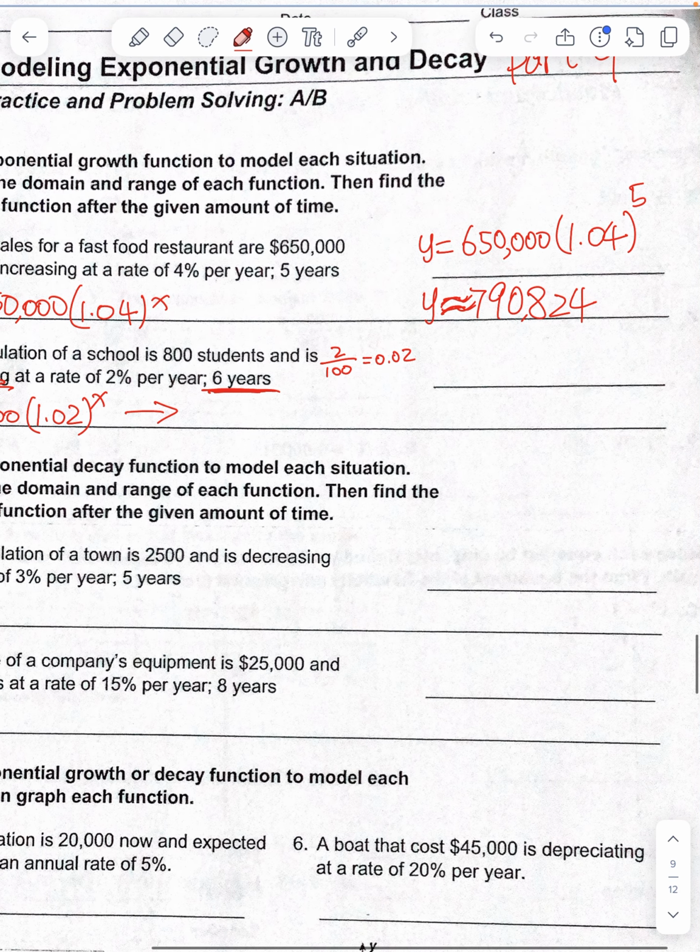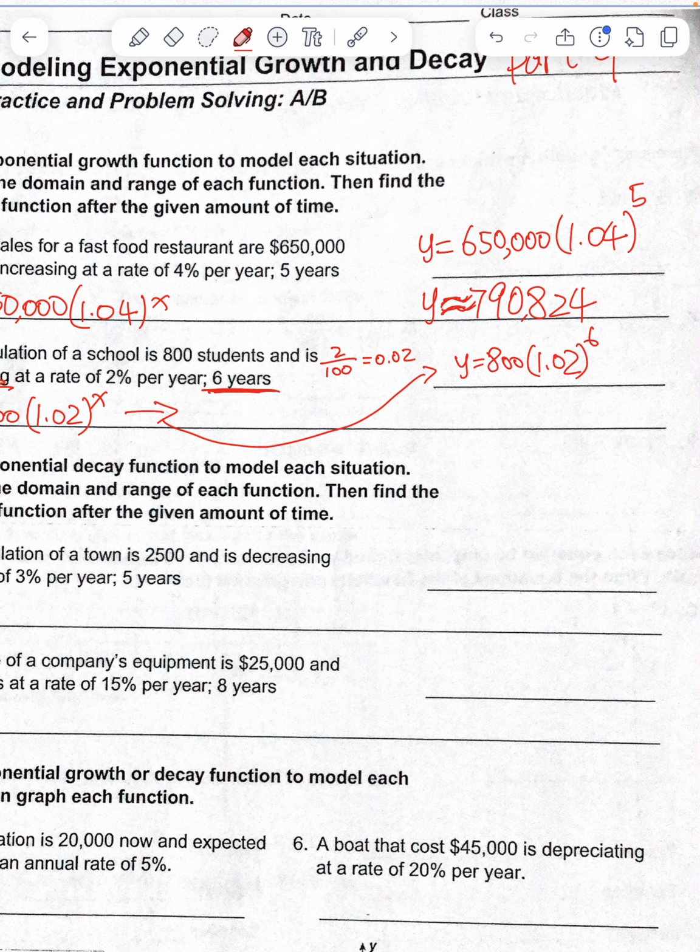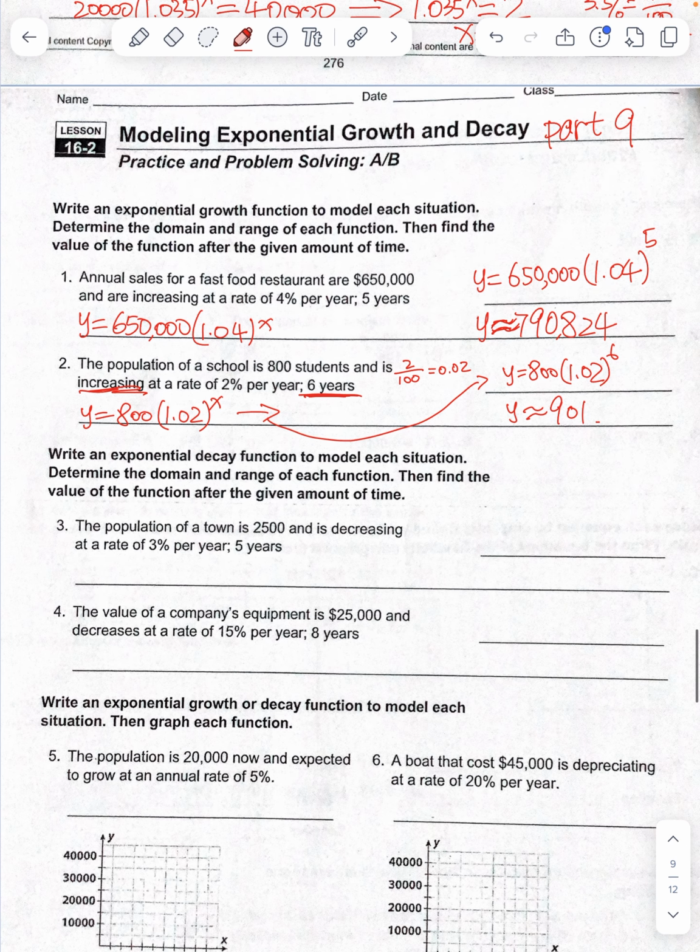So we're going to use y equals 800 times 1.02 raised to the power of 6. So I'm using the calculator. 1.02 raised to the power of 6 equals 1.126. And then I'm going to multiply by 800. 901. Yeah. So after 6 years, the school is going to have 901 students, right?